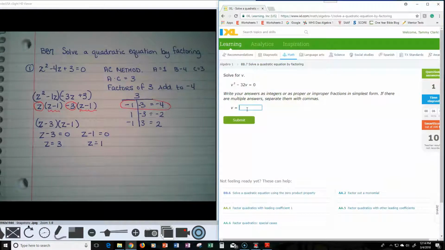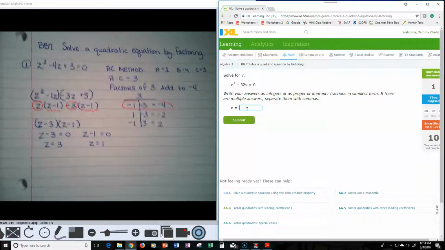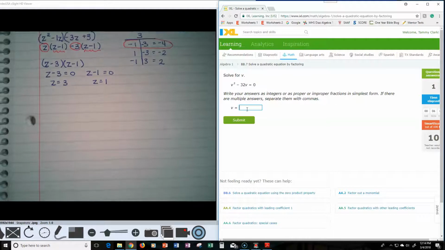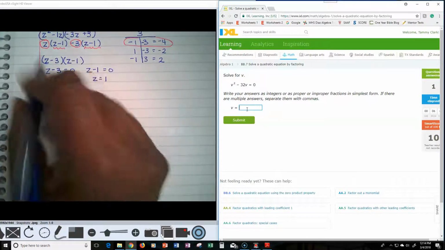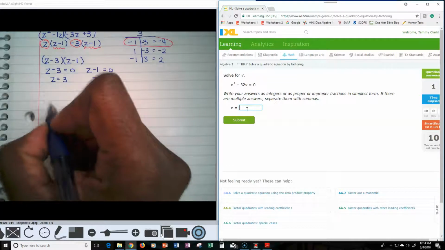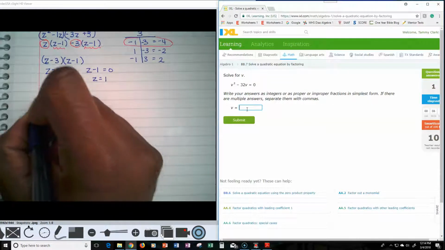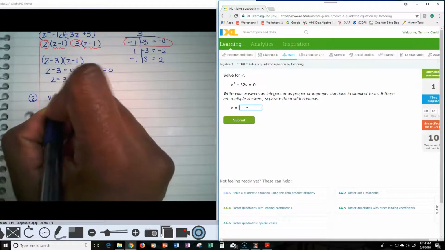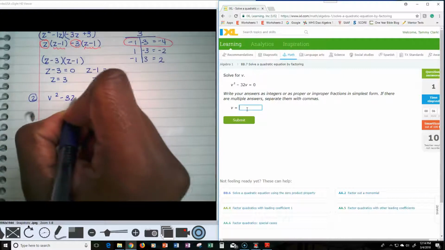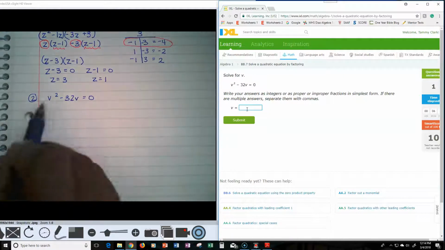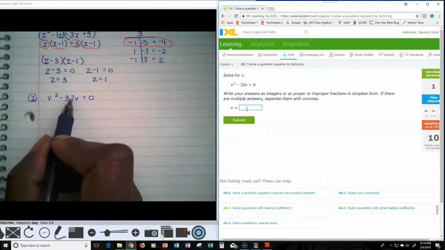All right, let's take a look at the next one. So this one's a little bit easier because we don't have a trinomial, we just have a binomial. So we've got v squared minus 32v already set equal to 0. Well, I already have a greatest common factor, it's v.